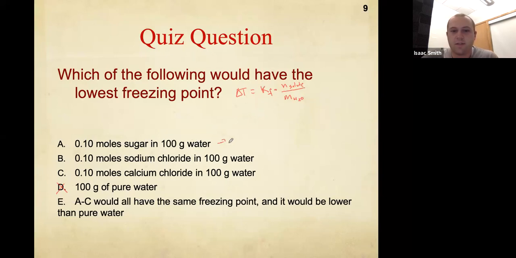So this one would give you 0.10 moles of solute. Sodium chloride, if that was placed in water, it would dissolve into sodium plus ions and chloride ions. So that would actually produce 2 times as many moles. So that would give us 0.20 moles of ions or solute.